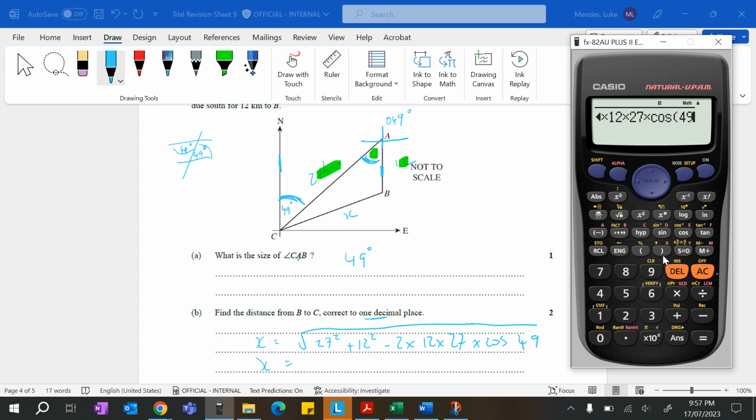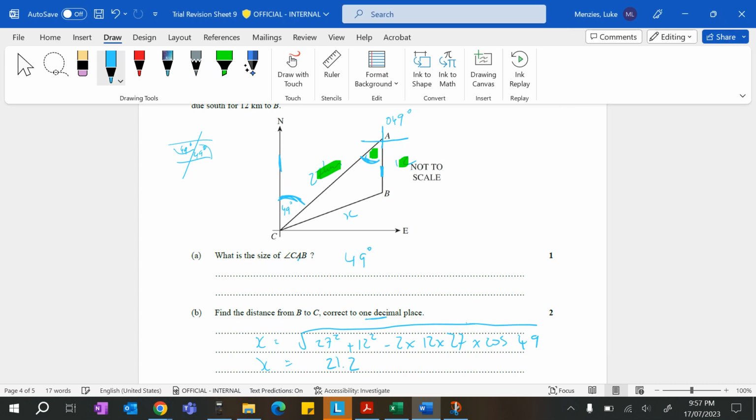We put in the bracket. Sometimes it comes up syntax error, sometimes it doesn't. So again, 21.1, and look at the second decimal place. That's bigger than 5, so we're going to call it 21.2. I'm going to replace that with 21.2.